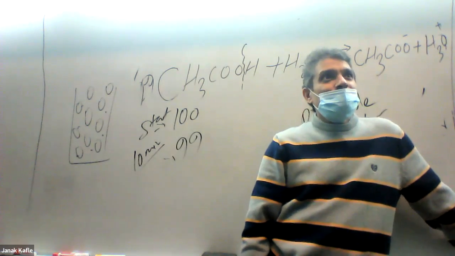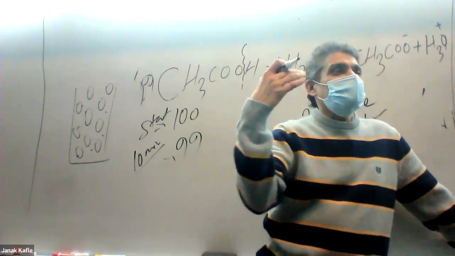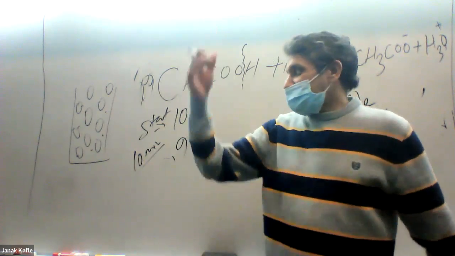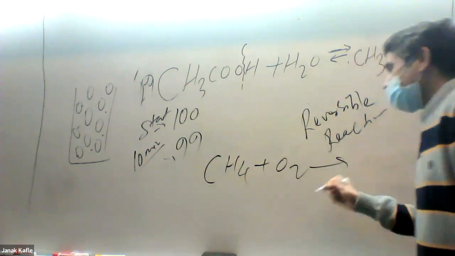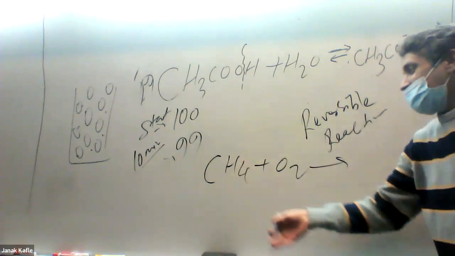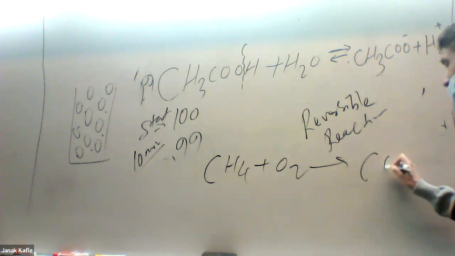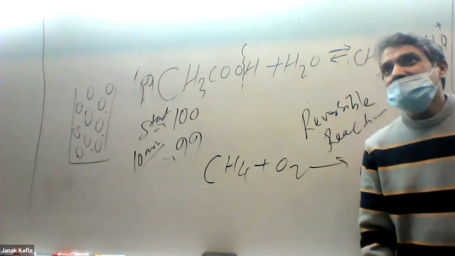Good. Got it? That's the difference between reversible and irreversible. But in the case of CH4 and O2, I put a lot of CH4 and a lot of oxygen there and burn it, and all the CH4 is gone to give CO2 and water. Yeah, like that.